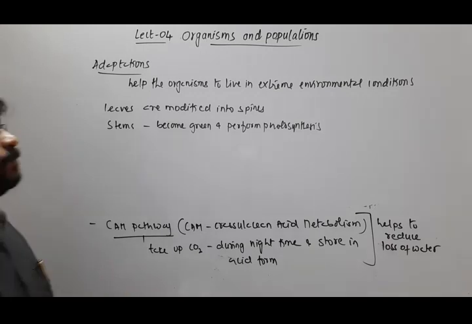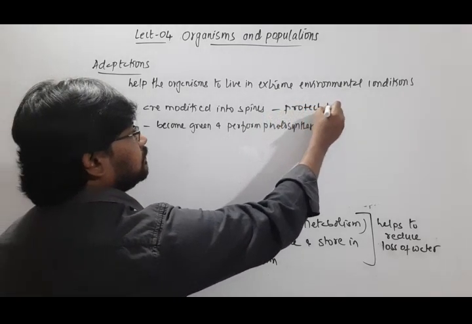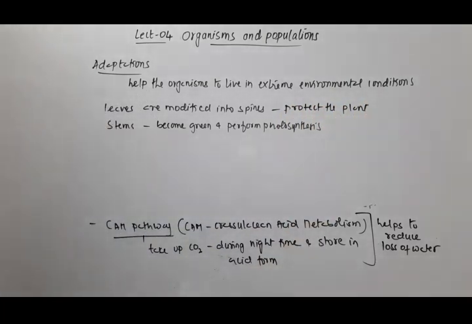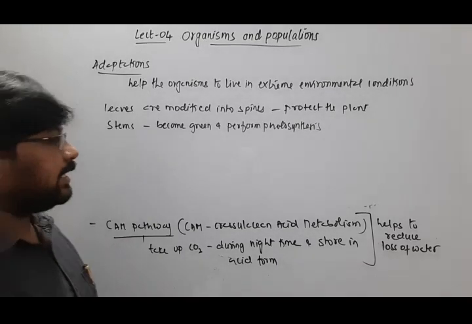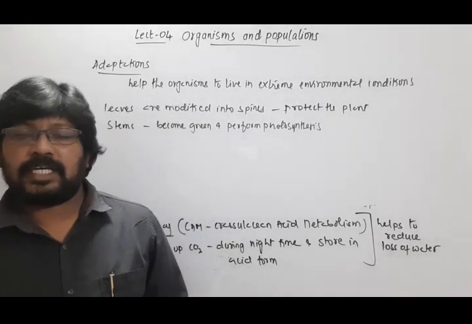This also protects the plant from animals that would like to get water in the desert, and the stems become green and perform photosynthesis. So this is another adaptation that we see in desert plants. Okay, with this I will end today's session. In the next session I will discuss the remaining adaptations.